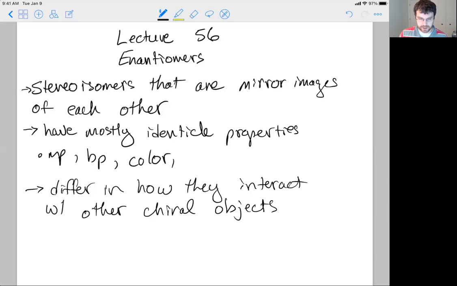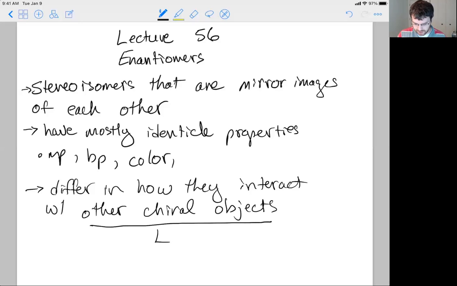Now, examples of chiral objects we've talked a lot about are molecules, left-handed scissors, right-handed scissors, types of shoes, that sort of thing. These are chiral objects that enantiomers could interact with differently.